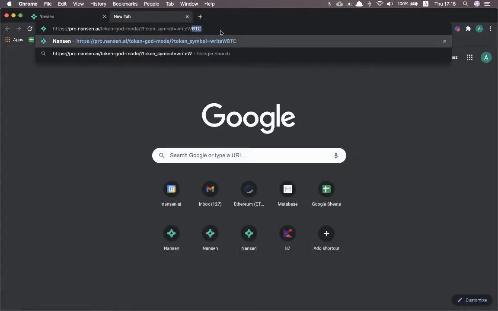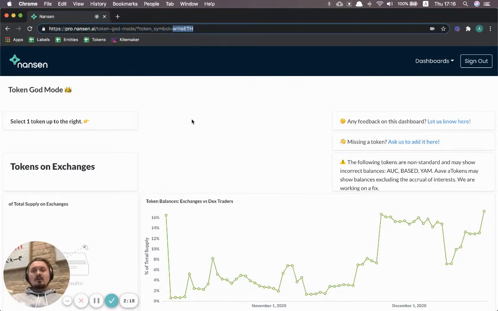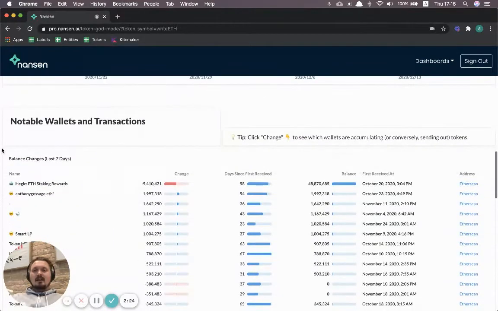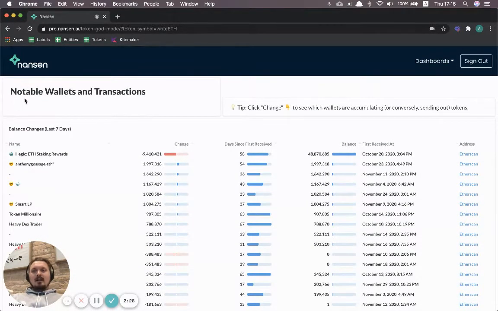If you want to look at writeWBTC, you can do that and hit enter and it's going to show that. So that's just a little shortcut. That's how I like to use Nansen with these URL parameters. So we're going to skip the first section, tokens on exchanges, because it's not really a token that gets traded on exchanges much. And instead look at notable wallets and transactions.